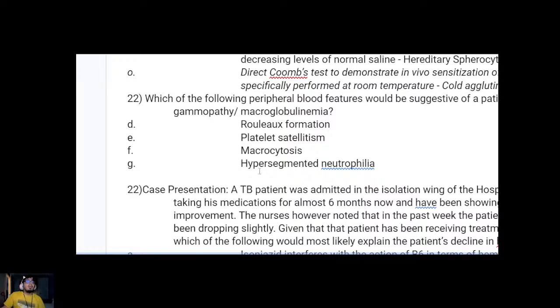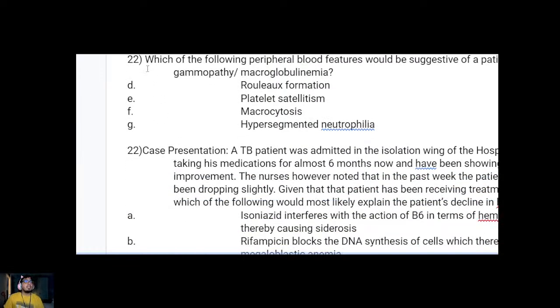Okay. Next, number 22. Tingnan na natin how many people were able to answer number 22. A lot of people. Yay, I'm so proud. Sir, echo, echo, echo.